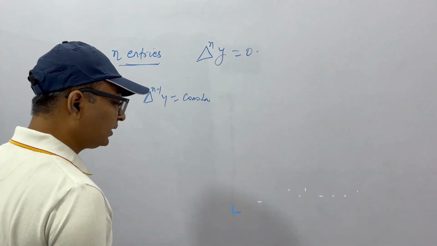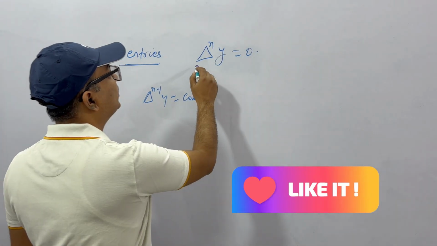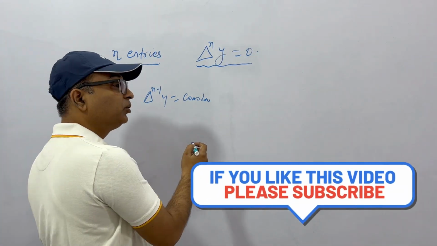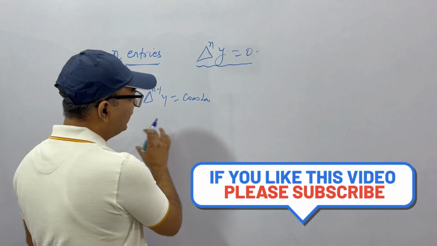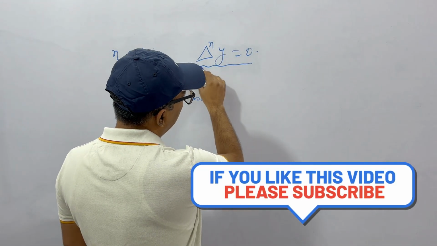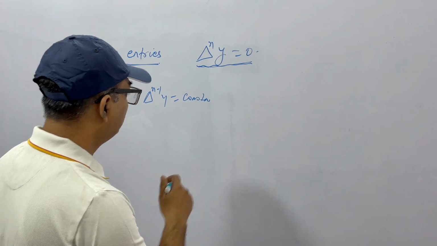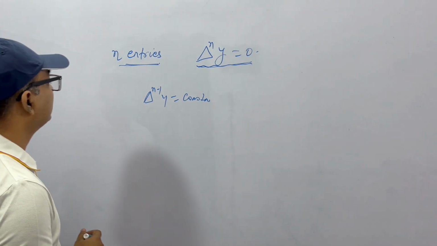So we'll construct the table, take the missing term to be x or a or b, and construct the table. Del n y will be equal to 0. We'll equate it and we'll get the value. We'll take an example and understand this.